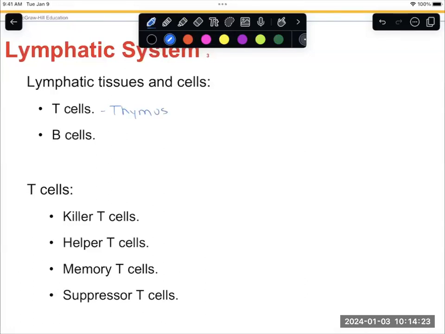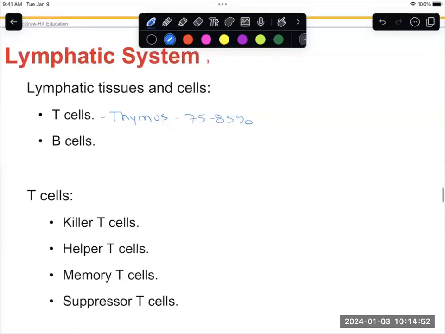We have a lymphatic organ in our chest that sits on top of the top part of our heart. This is where these T cells are going to mature. T for thymus. They get made in that bone marrow, go to that thymus and mature. This is 75 to 85% of lymphocytes.